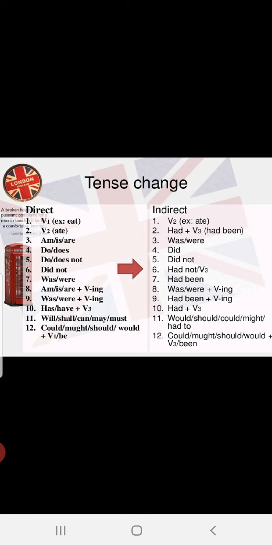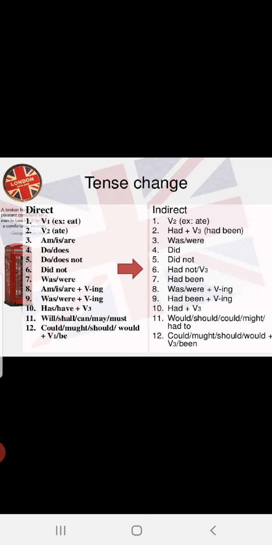Am, is, are plus verb plus ing form. Was, were plus verb with ing form. Was or were plus verb ing form will change to had been plus verb ing form. Has or have plus V3 will change to had plus V3 form.